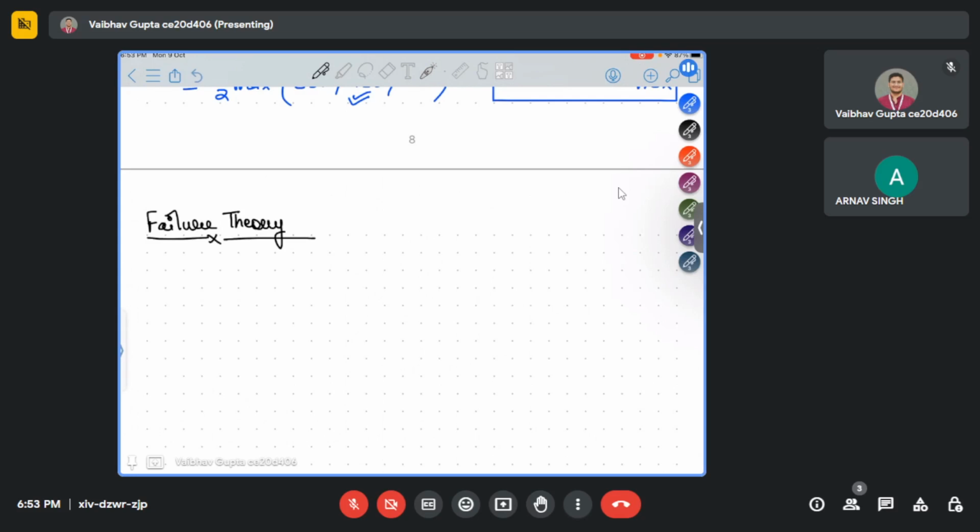But if you apply 12 kilonewton load, will it withstand that load or will it fail? Fail, sir. Yes. Similarly, for different materials, different failure theories are presented.